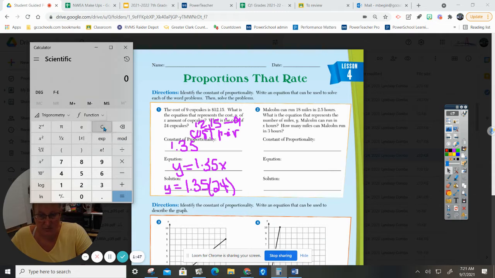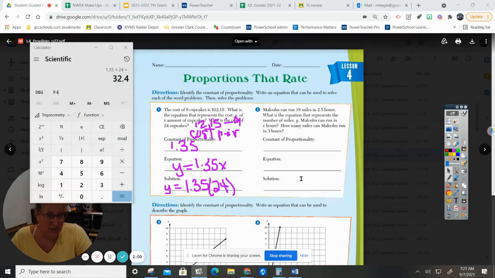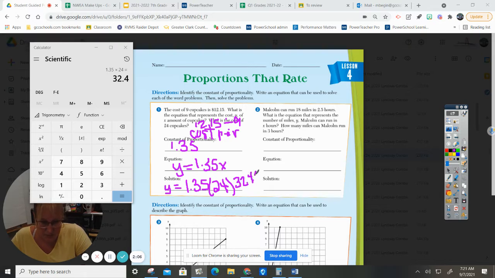So clear. 1.35 times 24 equals $32.40. So our answer will be $32.40.